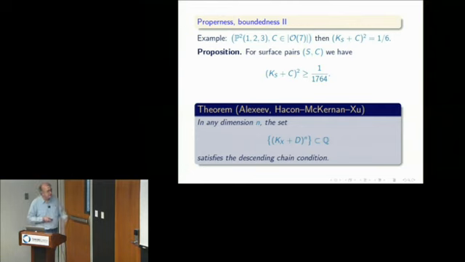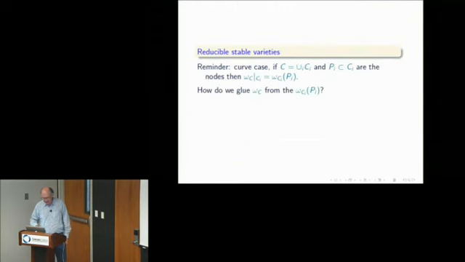So the proof doesn't give it; it's really just an existence proof. But it certainly tells us that if I bound the self-intersection of the canonical class on the general fiber, then I can bound the number of irreducible components in the special fiber. So it is actually a quite tricky thing to prove.